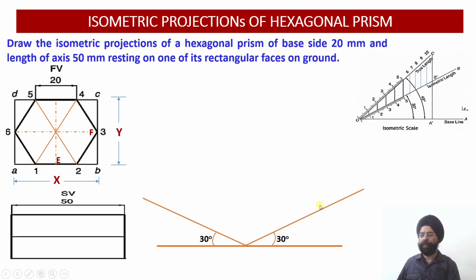So these are the isometric axes, and the height of this face of the hexagonal prism is equal to y. This is the face of the hexagonal prism which has to be drawn between this x-axis and the y-axis, because this will show me the shape of the face.